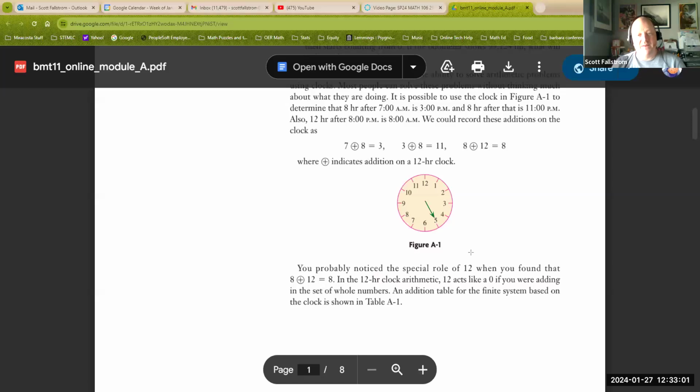Here's the 5, right? The inverse of 5 turned out to be 7. So if you take a look, 7 is right here. The inverse of 2 turns out to be 10.